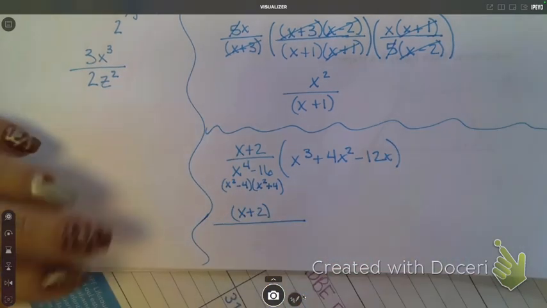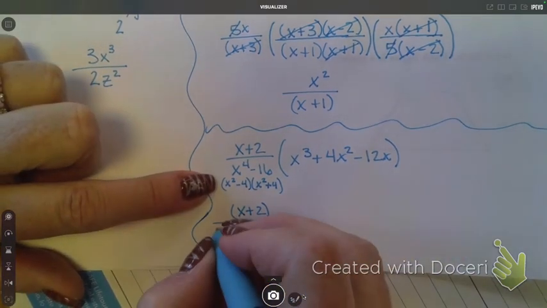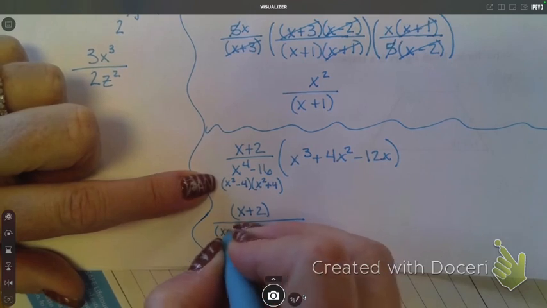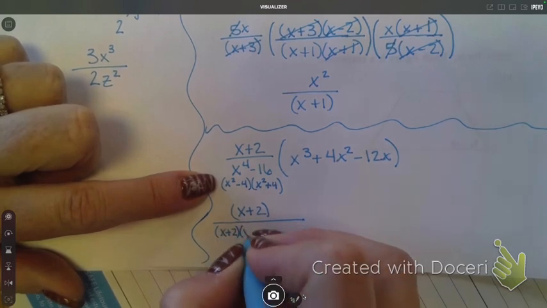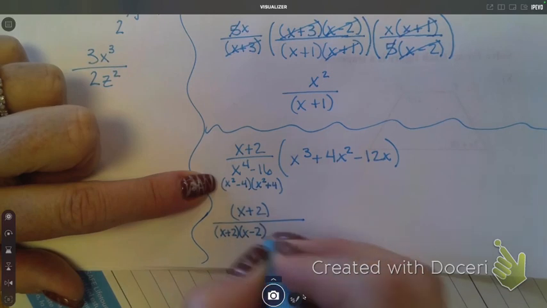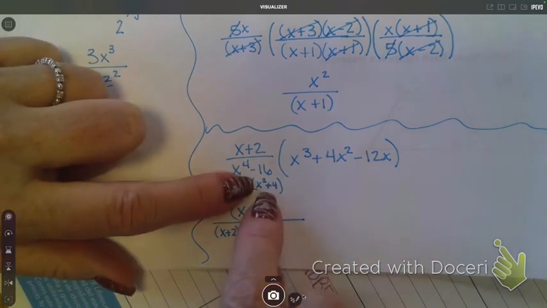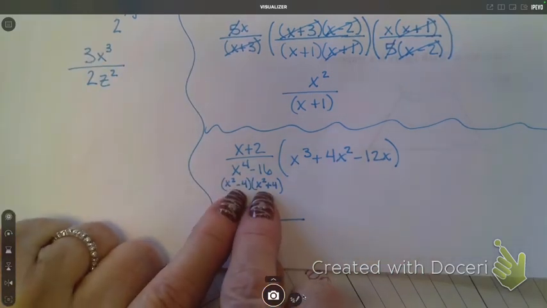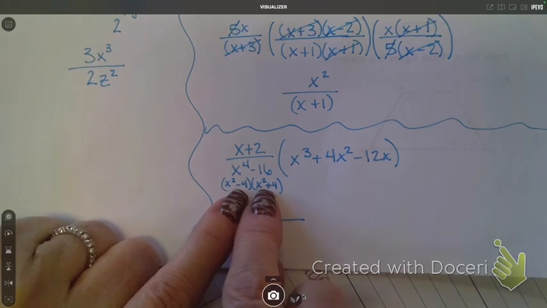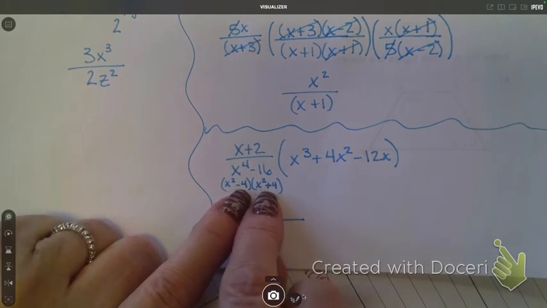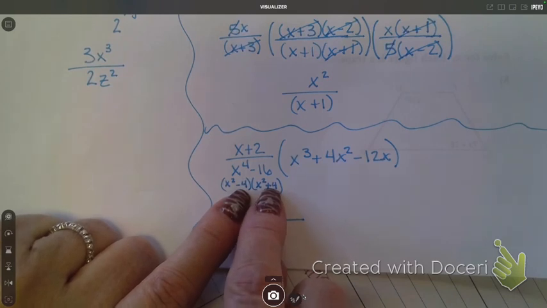Over what? x plus 2, x minus 2, and x squared plus 4. What's the difference between these two? They're both perfect squares. Negative and positive. We can factor the difference, but the sum would have to have an i in it, and we don't want imaginary stuff.